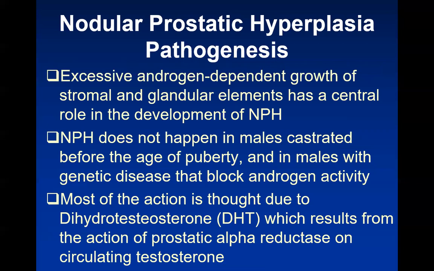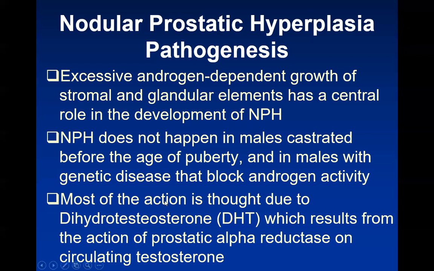That has been confirmed by a lot of studies, mainly from the fact that males castrated before the age of puberty never go on to develop nodular prostatic hyperplasia. Also, males with genetic diseases that block androgen activity, what you call androgen insensitivity, also never go on to develop nodular prostatic hyperplasia.